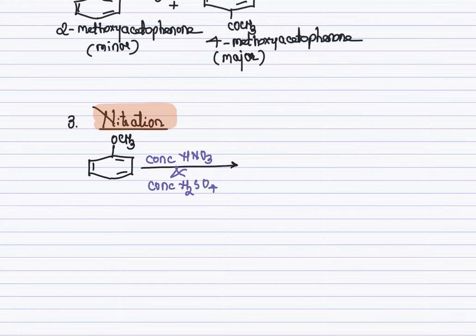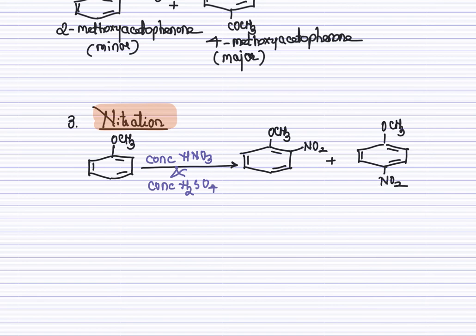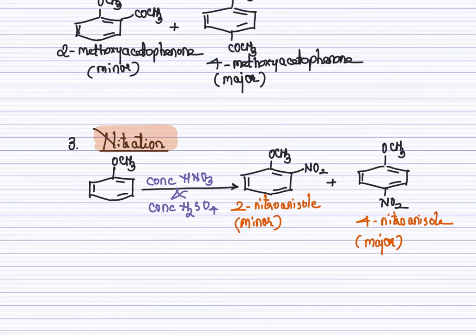This would result in 2-nitroanisole, as they call it, and this is 4-nitroanisole, and obviously this is going to be your major and this is going to be your minor, again based on steric hindrance. So we've completed all the electrophilic reactions which are given in the book.